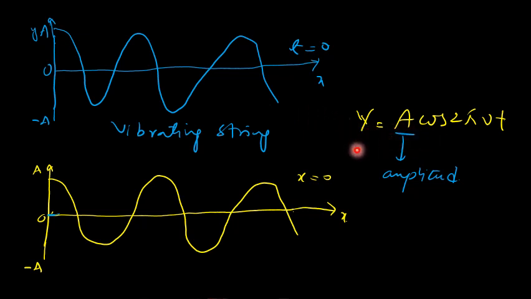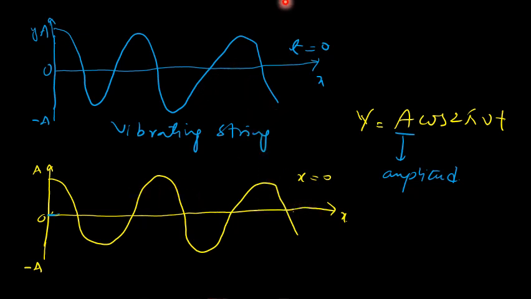So what we want to do is form a formula giving y as a function of x and t, not a function of only t or only x. It should be a function of x and t simultaneously. That's why we can then find the displacement at any time t and at any point along the x-axis.